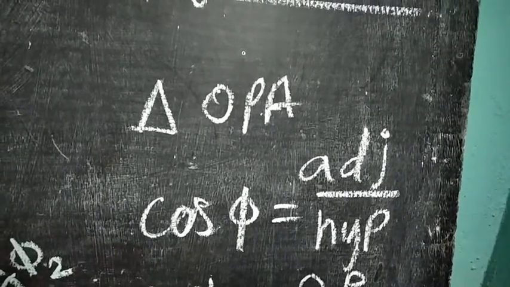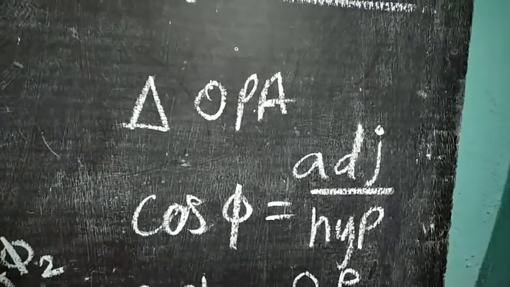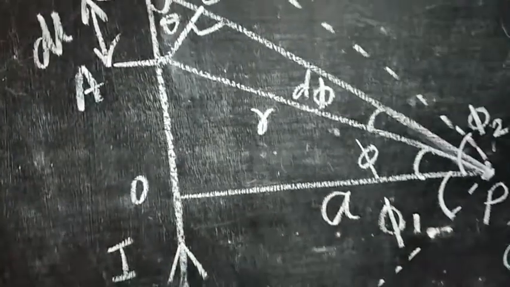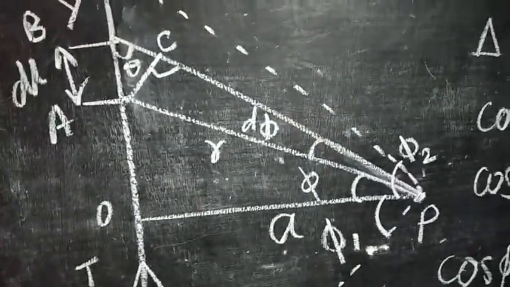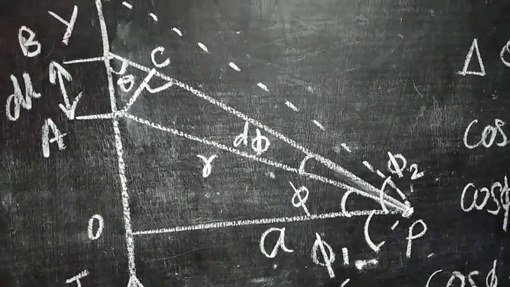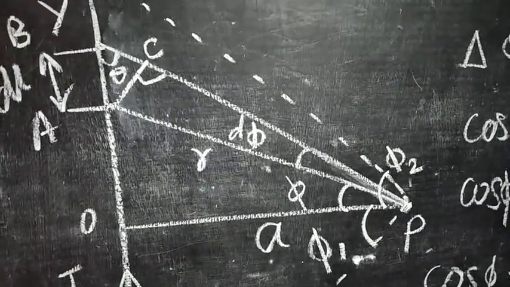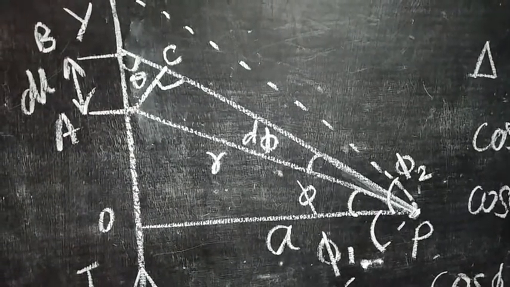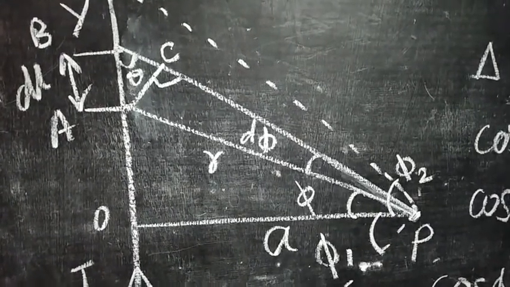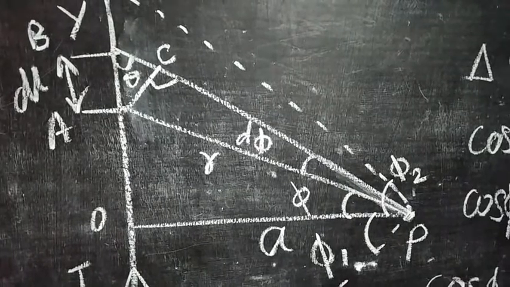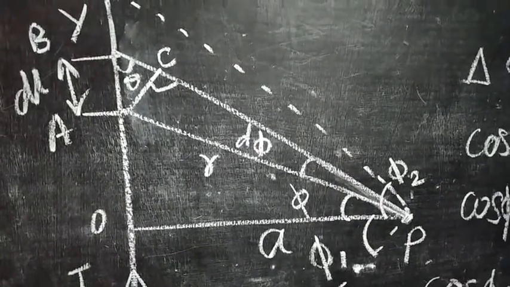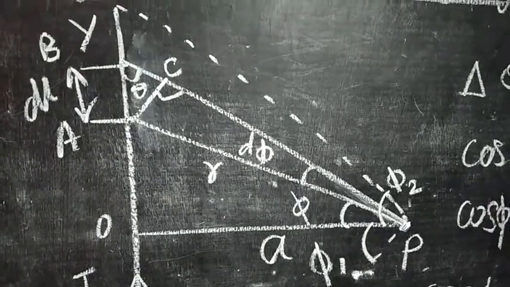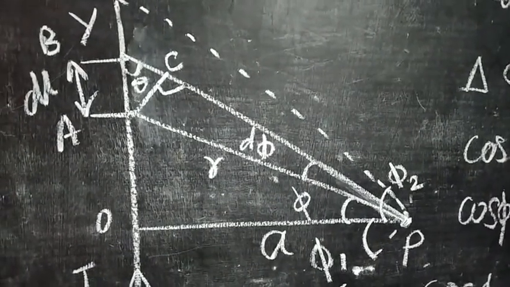In triangle OPA, cos phi equals adjacent by hypotenuse. From the diagram, angle OPA is equal to phi. Adjacent side OP, hypotenuse AP. Here OP is equal to a, AP equal to r.